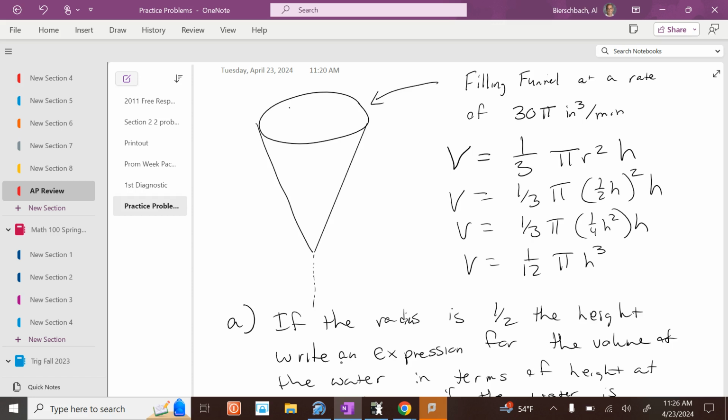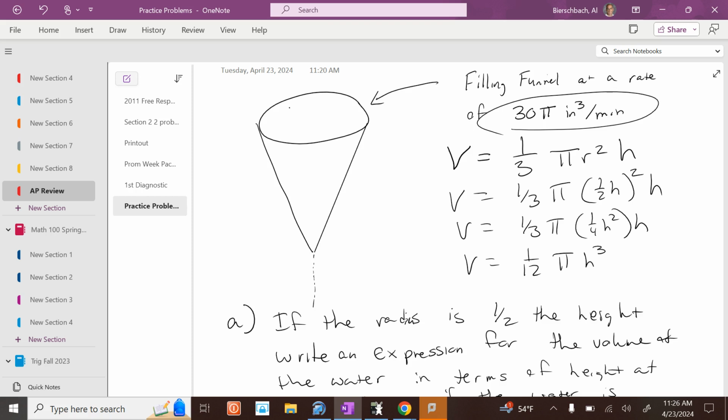Okay. Now, what does this have to do with anything? That's how fast the water is going in, right? So that's a certain rate.